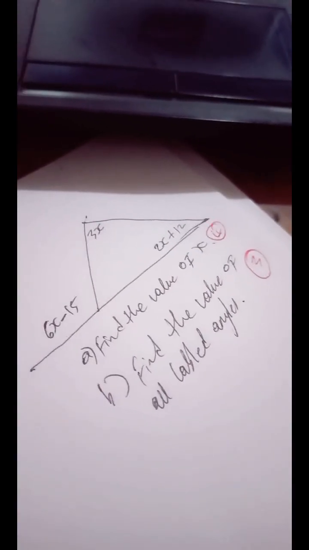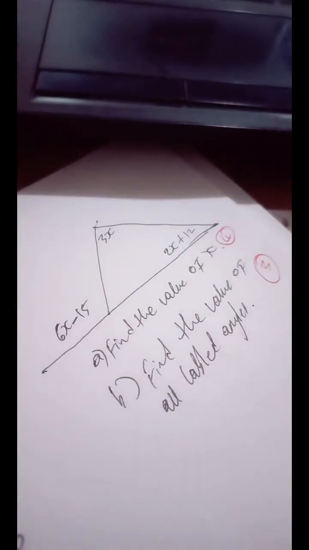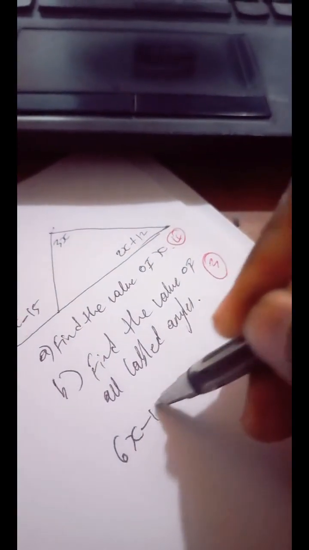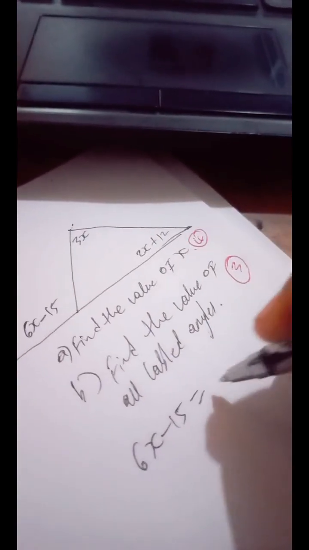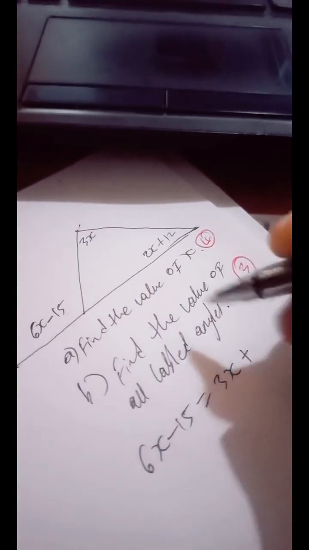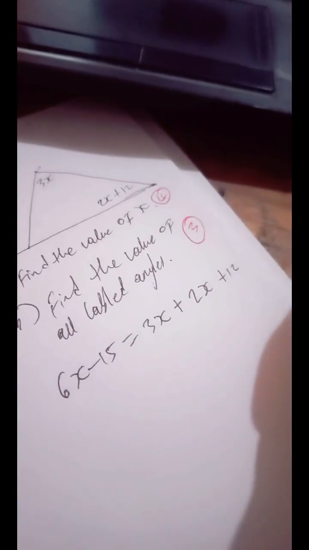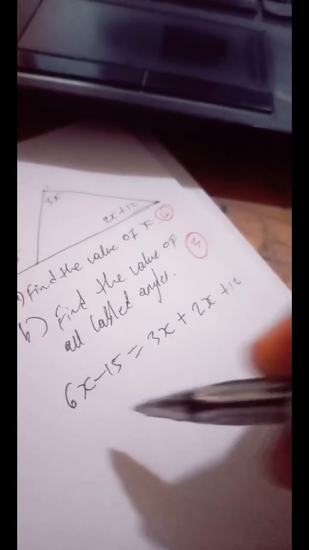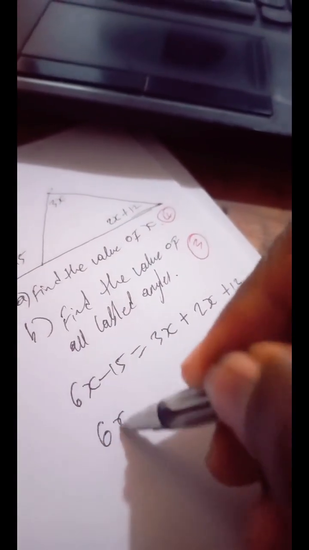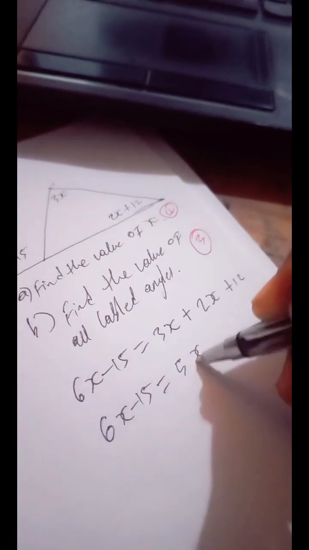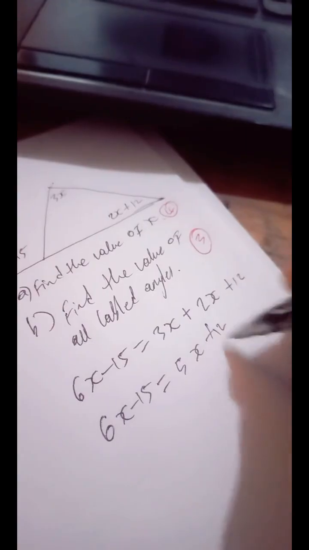Opposite interior angles are equal to the opposite exterior angle. So now we are saying 6x minus 15 is equal to 3x plus 2x plus 12. Like this, so we have 6x minus 15 is equal to 5x plus 12.